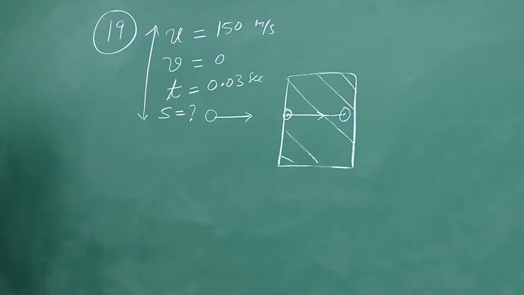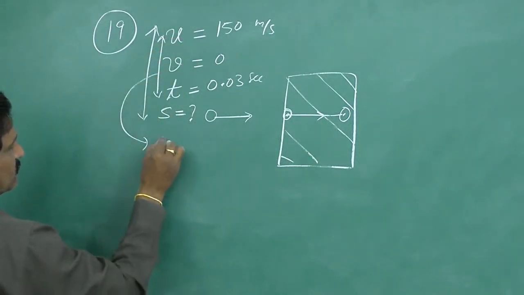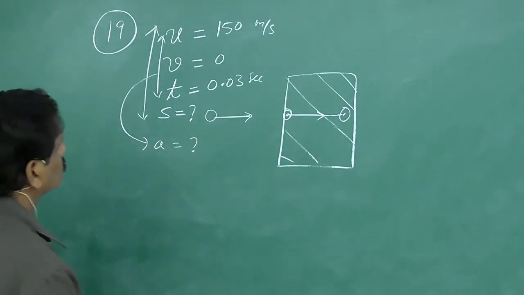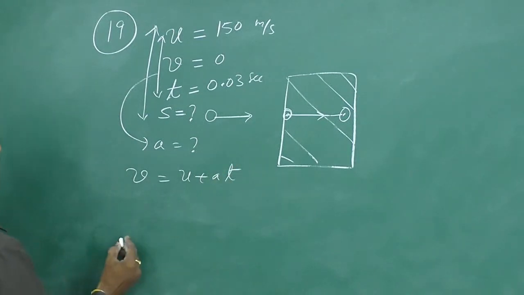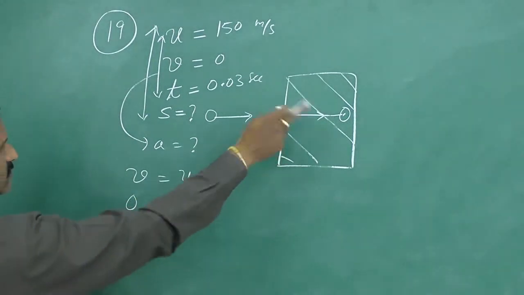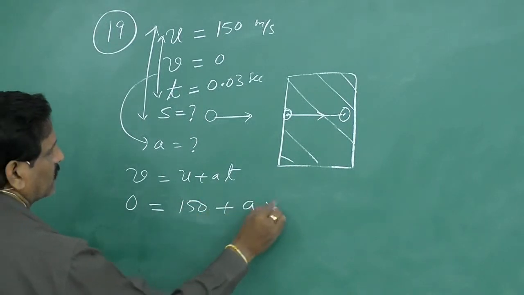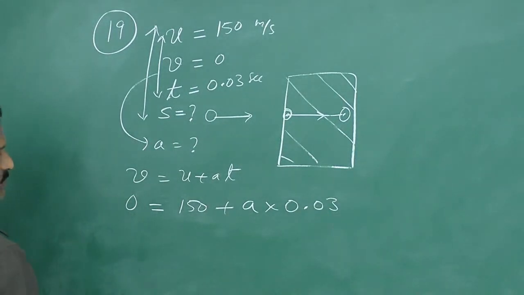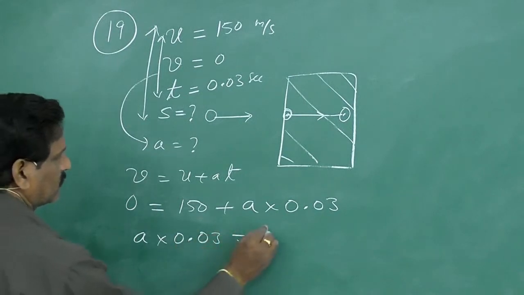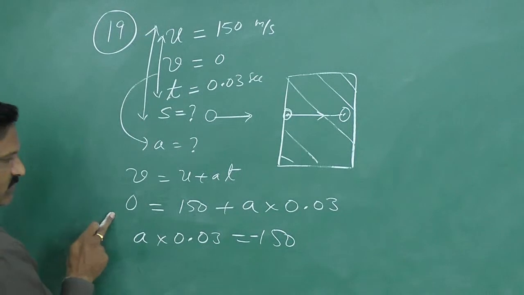So using these three, we can calculate acceleration first. You can use the formula V is equal to U plus AT. Here V is 0, the final velocity of the bullet is 0, the initial velocity is 150, plus A into the time of penetration, 0.03. So A into 0.03 is equal to 0 minus 150, this 150 becomes minus 150.